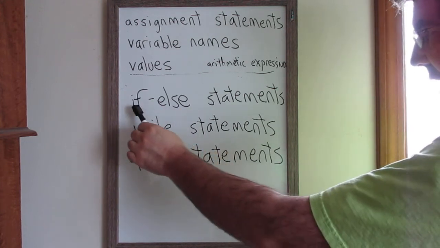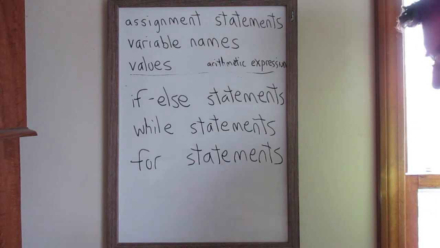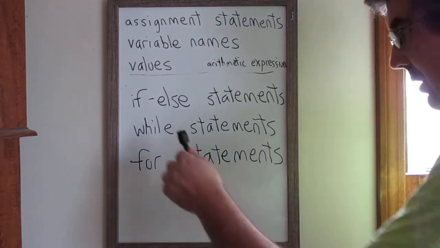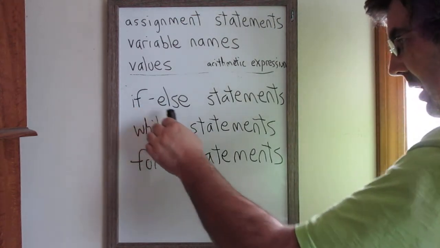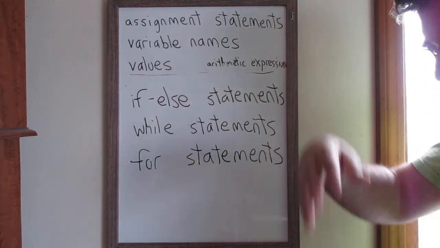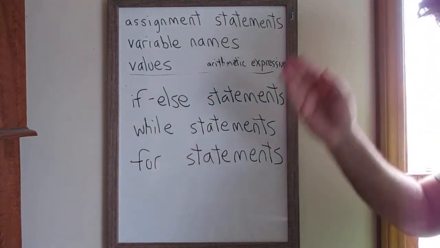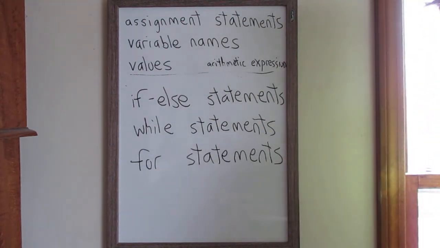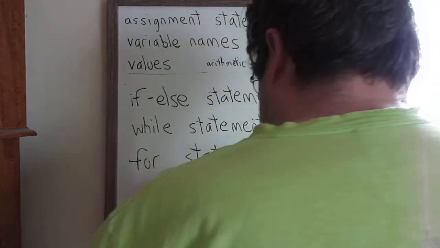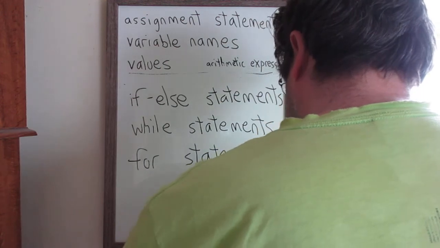that's I-F-E-L-S-E, which typically looks like if, else if, else if, else if, else. You'll see later on. While statements, which loop, which do a certain section of code over and over again, and for statements, which also repeat a section of code over and over again, and also an introduction to functions.